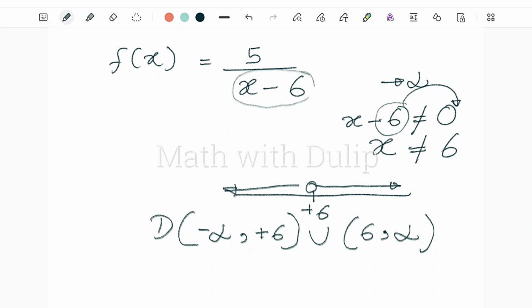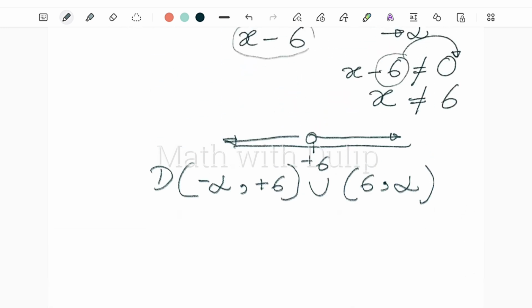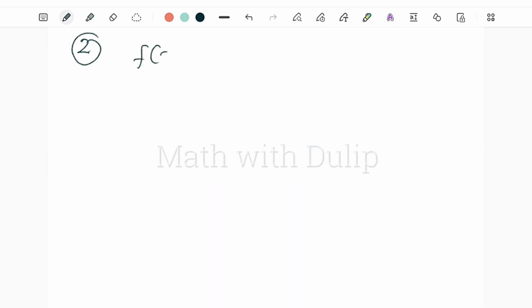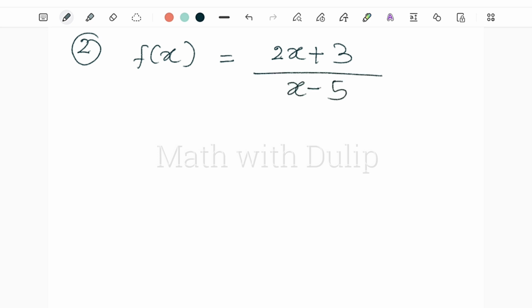Good. Let me show you another example. f(x) = (2x + 3) divided by (x - 5). In this rational function, x - 5 is not equal to 0, and x is not equal to 5.